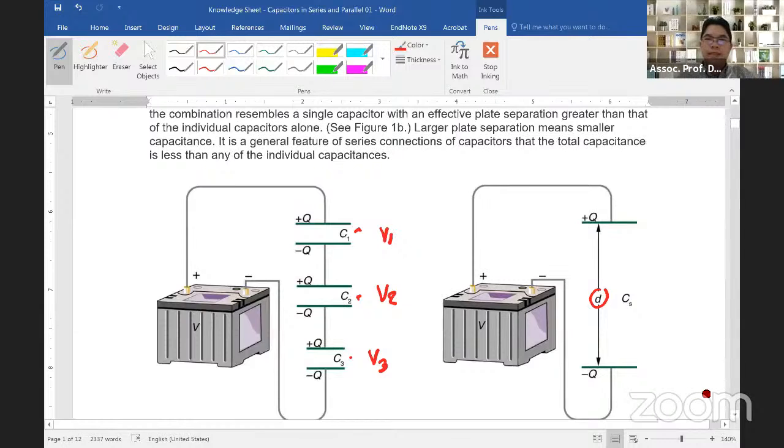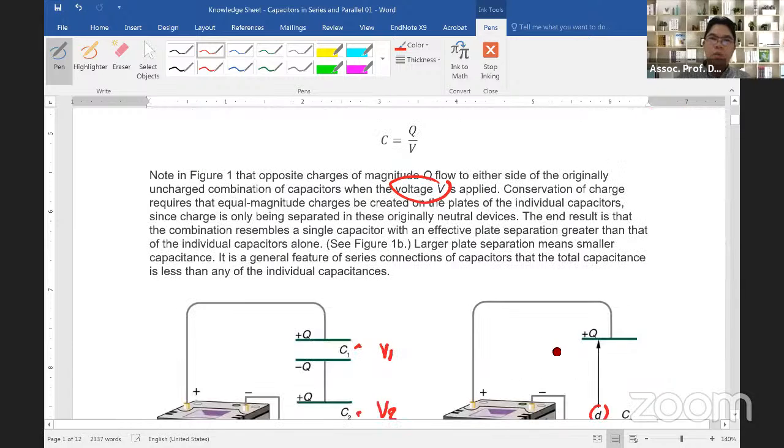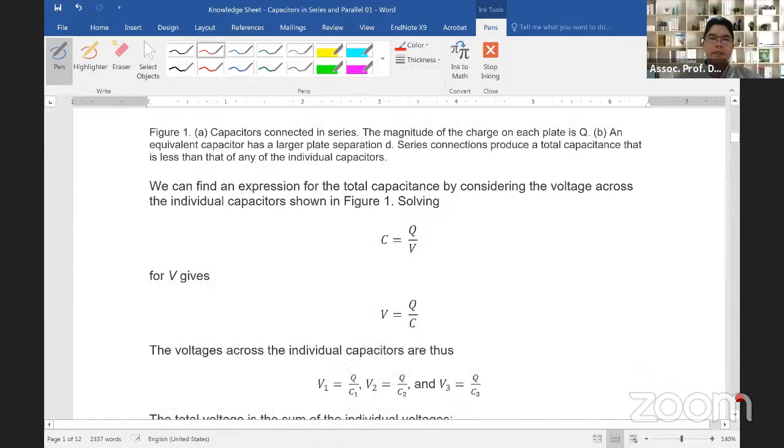So in this case, because C equals Q divided by V, right? So when V1 changes, C1 may be affected.